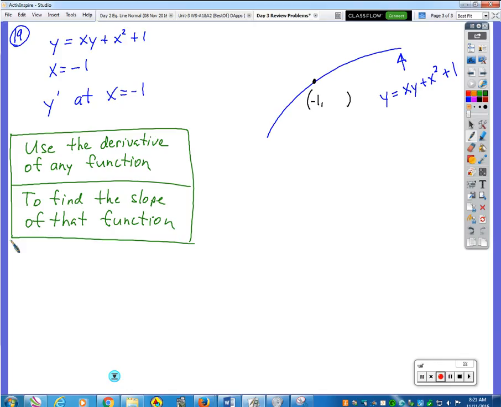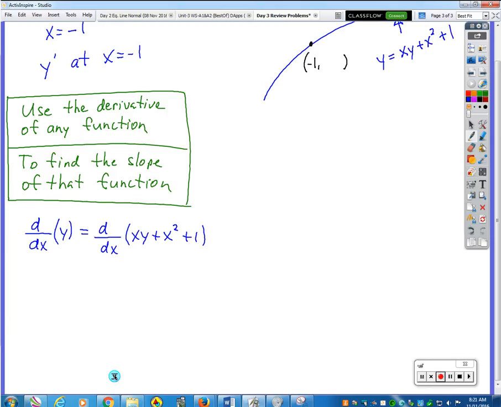Okay, so we've got to find y prime from this thing. So we take the derivative of both sides. Use the add subtract rule first.